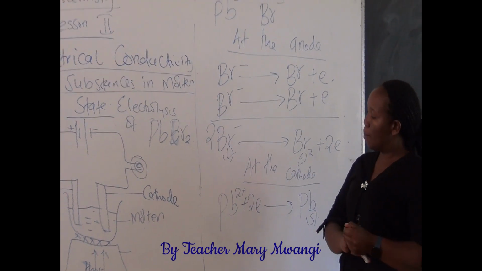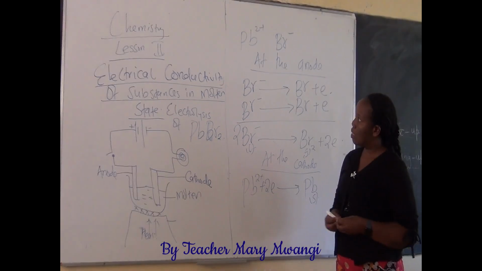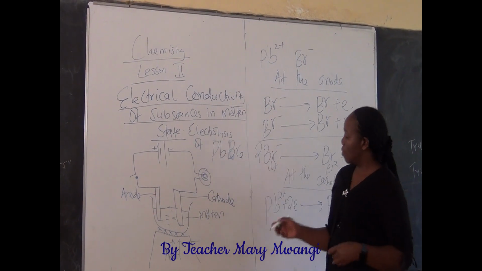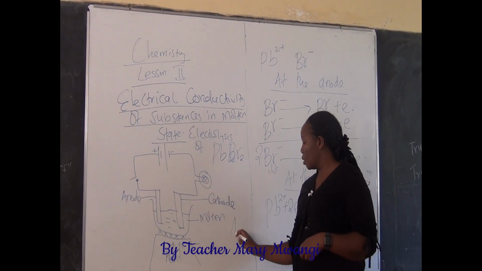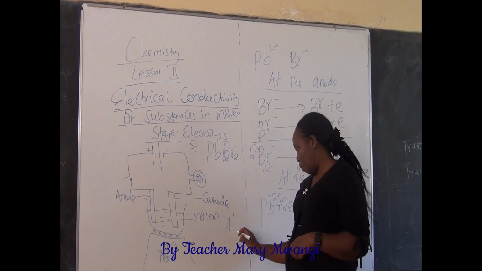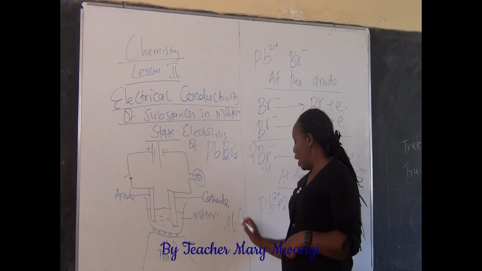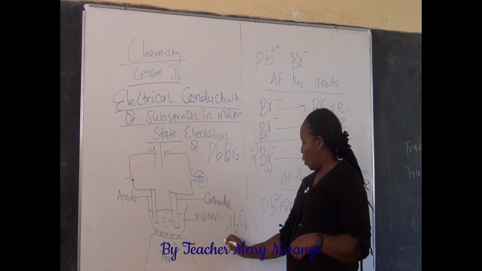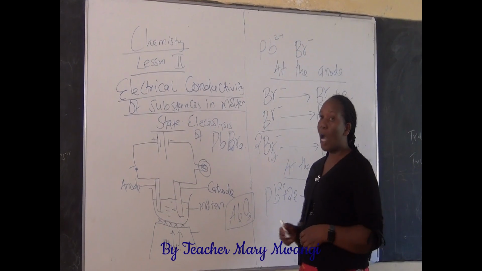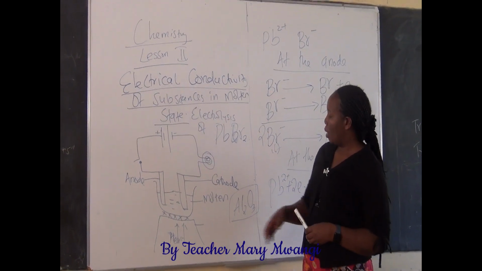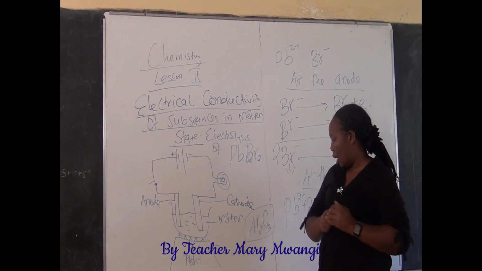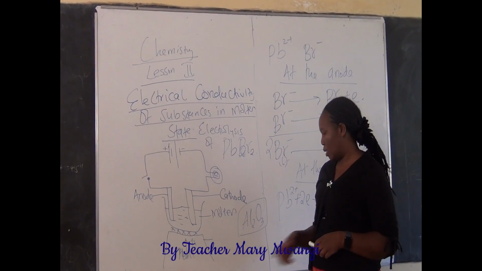There are also some more ionic substances that will undergo this process. Some of them include aluminium oxide. I shall give it as an assignment, and then we shall start here in our next lesson, so that we see how aluminium oxide will undergo electrolysis.